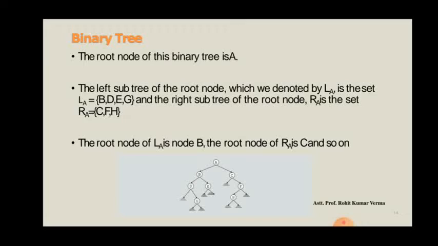It contains the nodes B, D, E, G. Similarly, the right subtree for node A contains the nodes C, F, H. You can see that the root node of the left subtree is B and the root node of the right subtree is C.